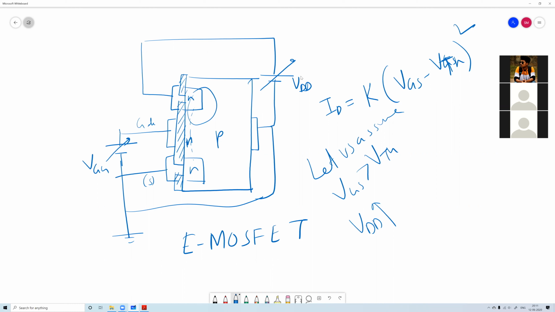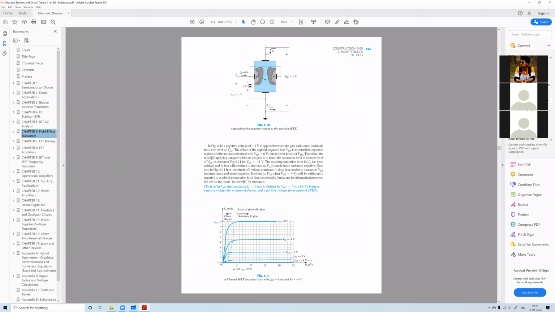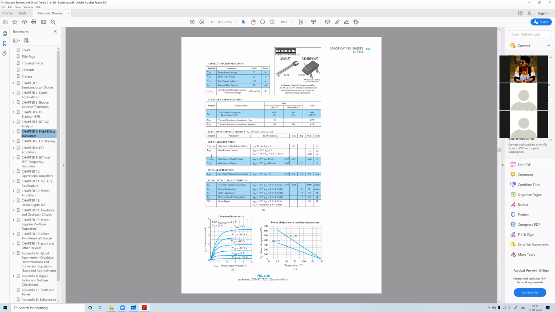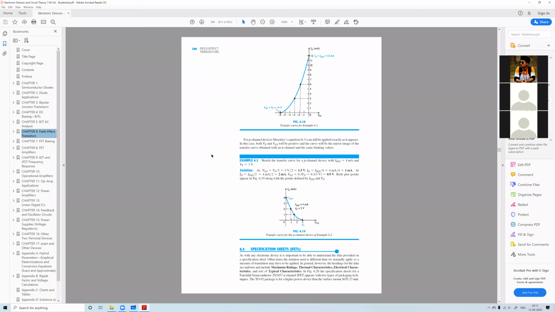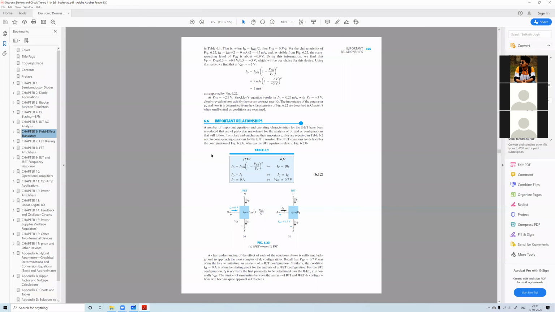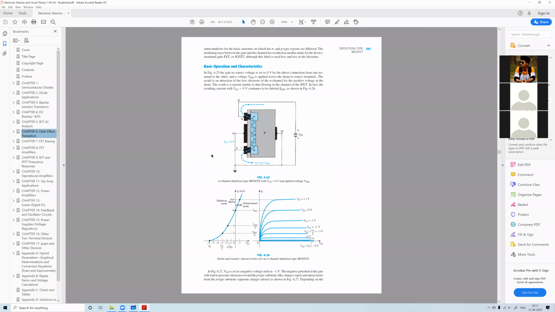So the curve is like this. This is for the D-MOSFET, by the way. See, similar to JFET.